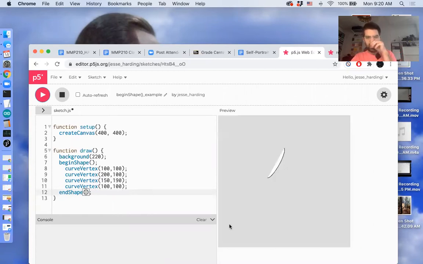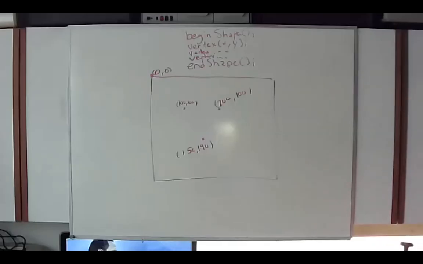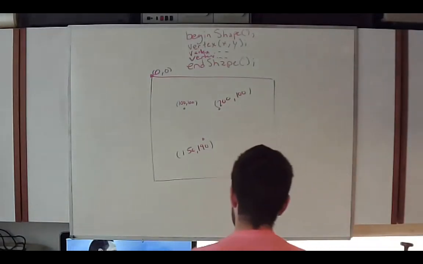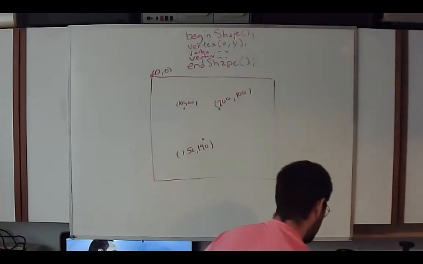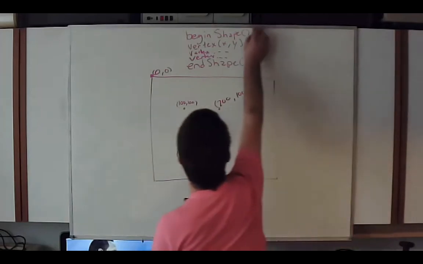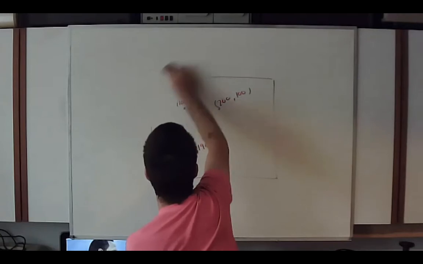So this is even stranger than we might have expected. But now I'm going to switch back to my other camera so we can look at that. Okay, so curve vertex. Let's look at curve vertex.